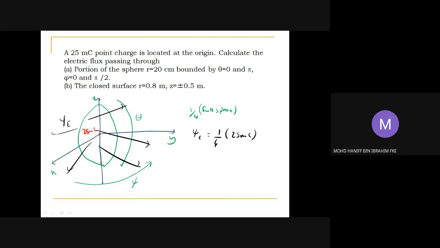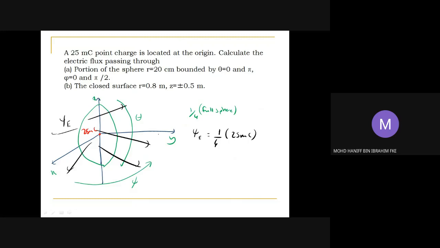But since we have 1/4 of the spherical surface, our assumption is that the flux will be distributed by 1/4 of the total flux lines.